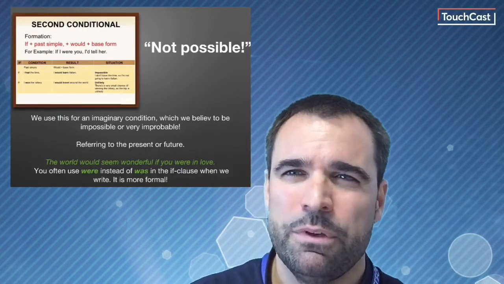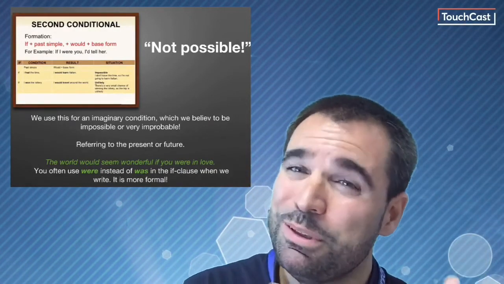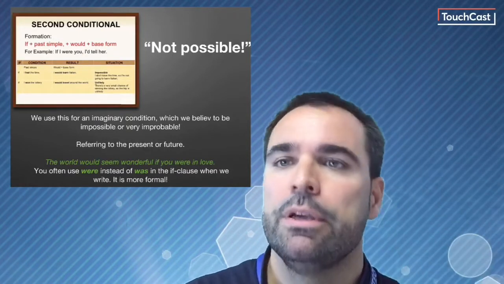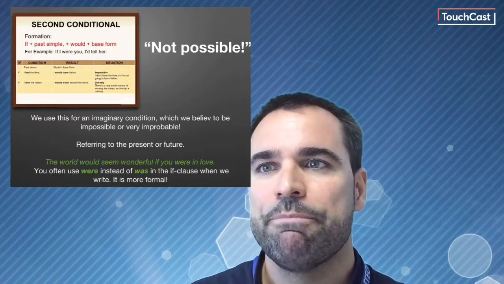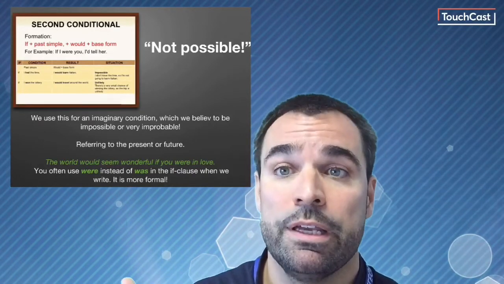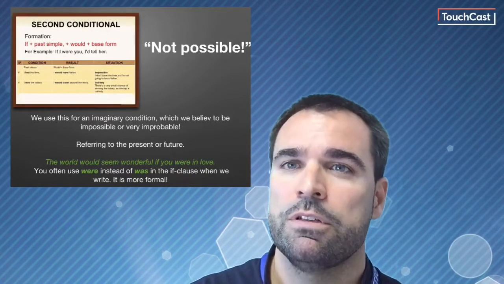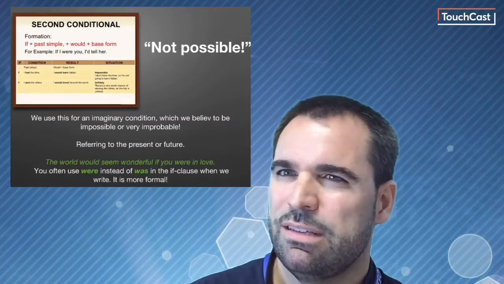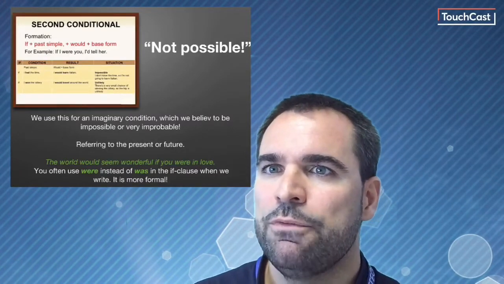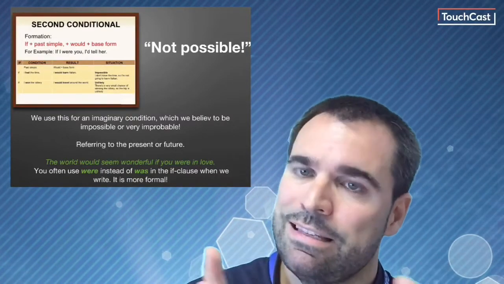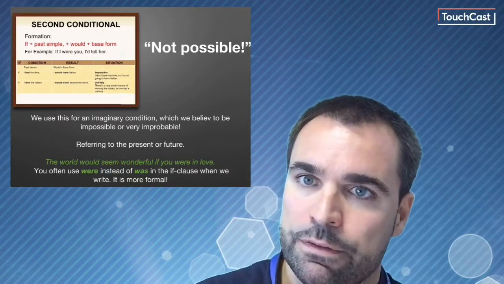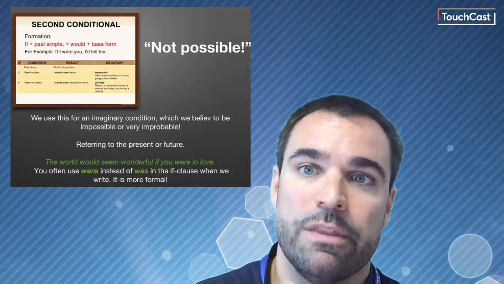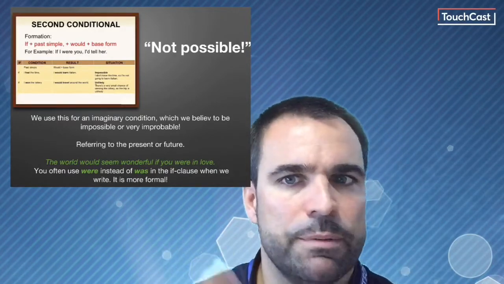But if you were, which is improbable but still could happen, then the world would be great. You often use were here instead of was in the if clause because it's more formal. So if I were in love, not if I was in love. It just sounds better, all right?